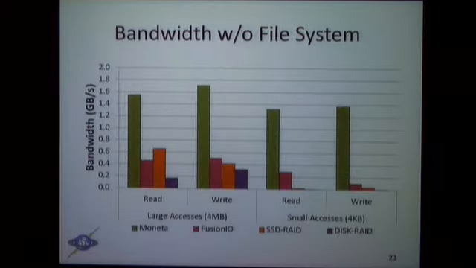If we look at just a couple numbers in particular, these numbers are looking at performance without a file system, just for raw accesses, for 4 megabyte accesses and 4 kilobyte accesses. And the performance that we see makes sense. Moneta's performance is relatively good for large accesses and small accesses. We don't see a lot of difference. And then for the other devices, the smaller accesses are penalized a little bit more than for the larger accesses.